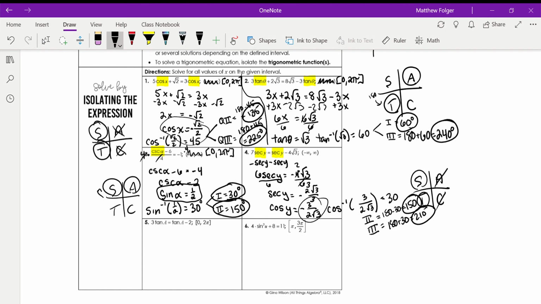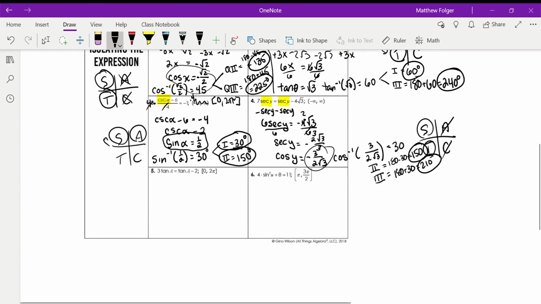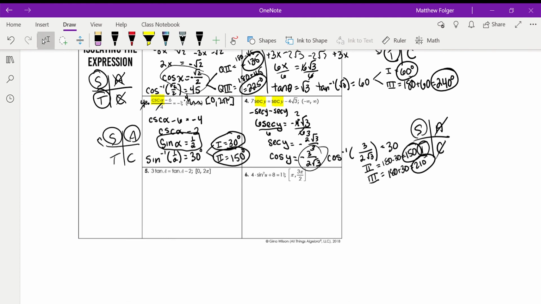All right, we have one more to do today, and please let me know if you have any questions. This last number 5, and we will continue this exact same page with number 6 starting next Monday. So just hold on to this. We're just doing 1 through 5 today. So number 5, same idea. Think of tan A as the x.